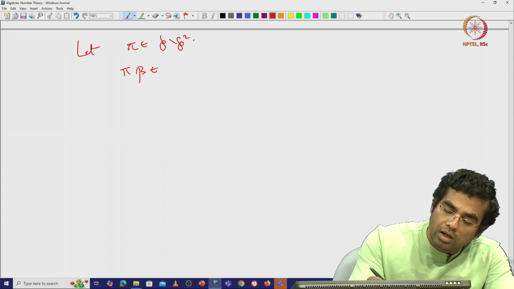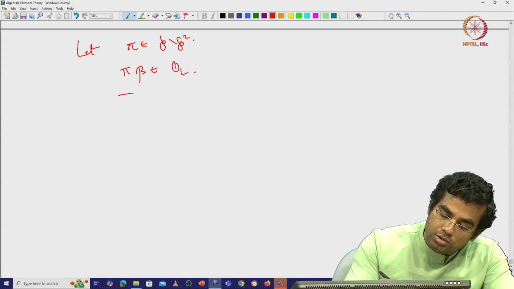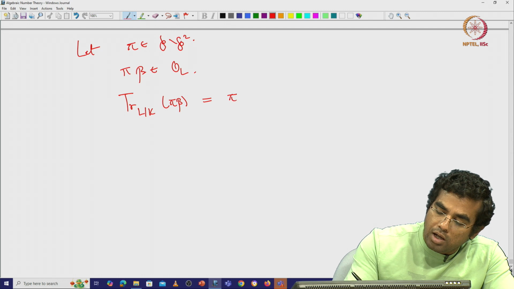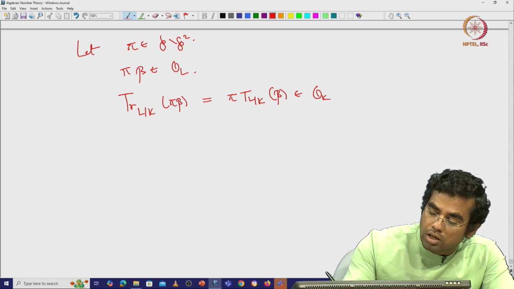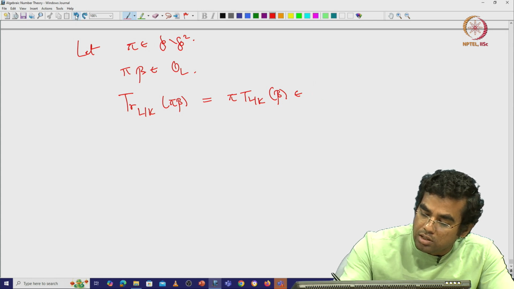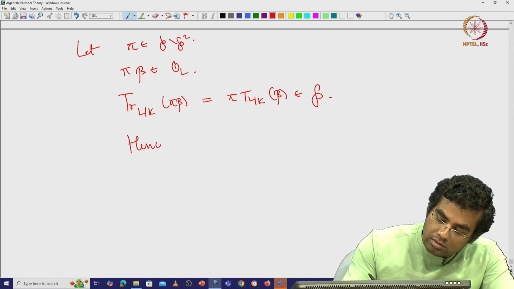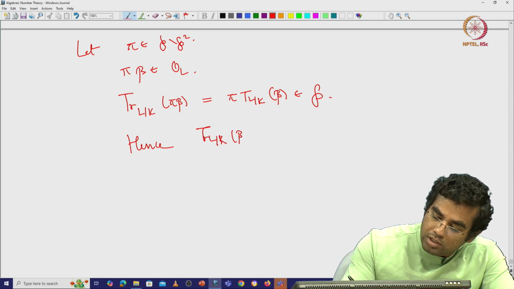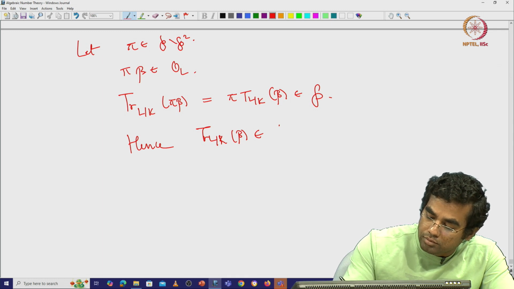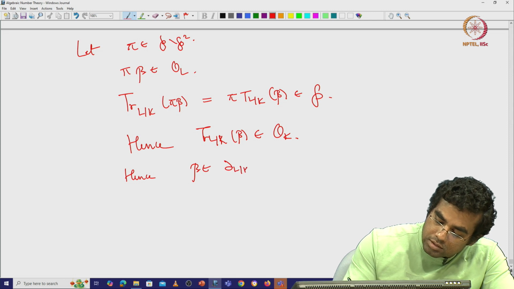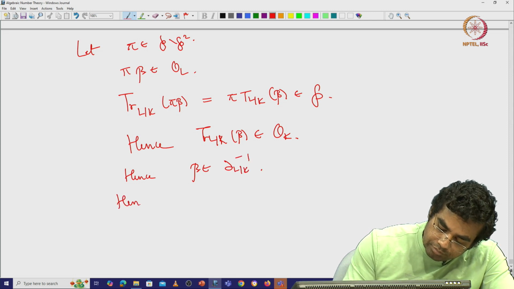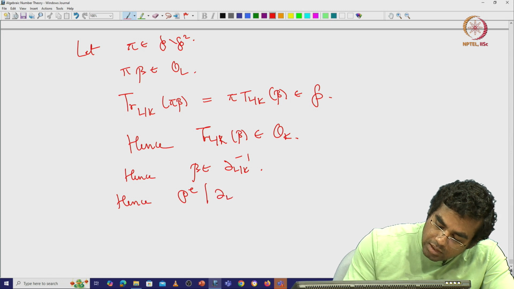So pi beta is in O_L as before. So this means that the trace of L over K of pi beta, which is pi times the trace of L over K of beta, is inside p. So hence the trace of L over K of beta belongs to O_K. Hence beta is in the inverse different, hence P to the e divides d_{L/K}.